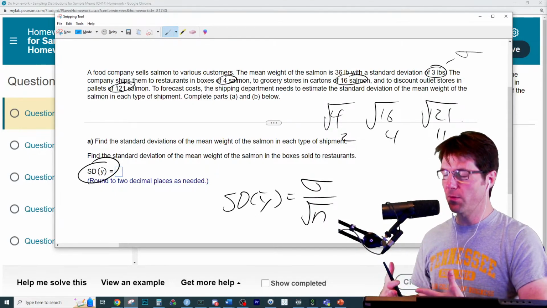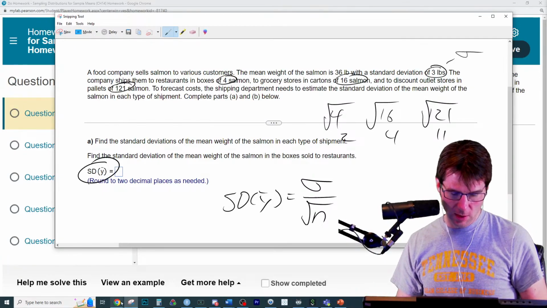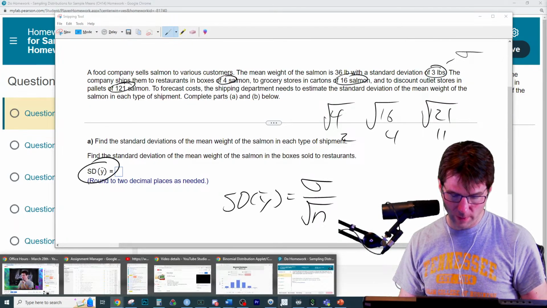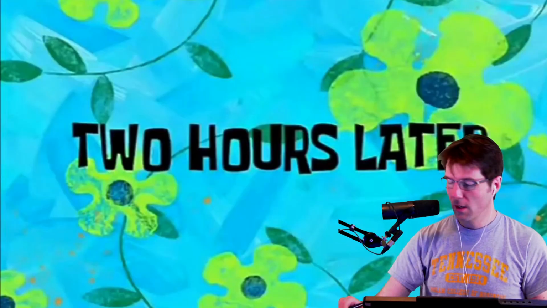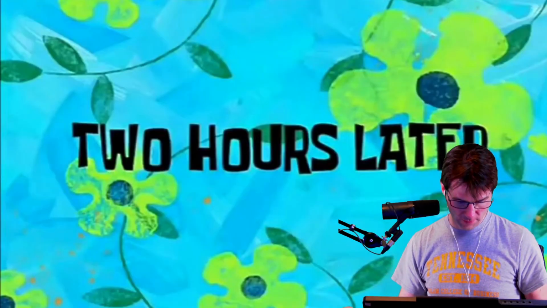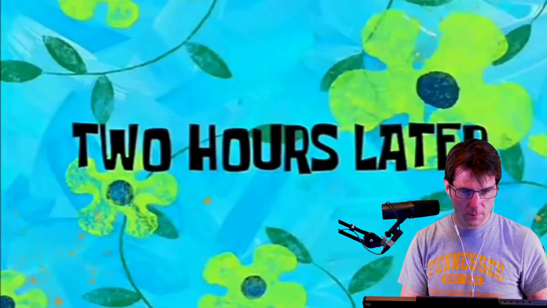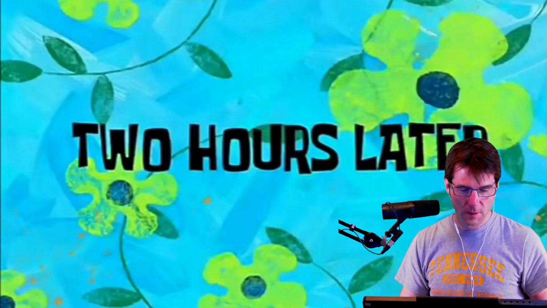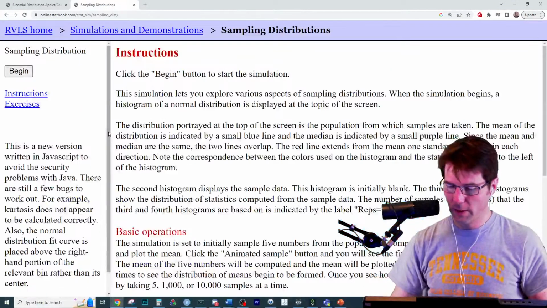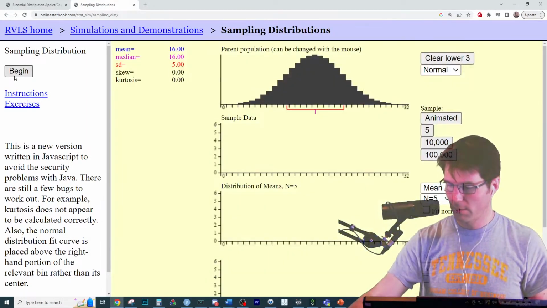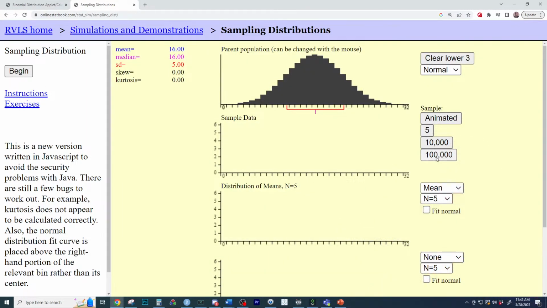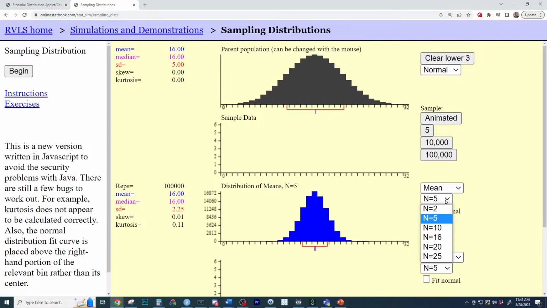This is a big concept for this chapter, that as we increase n, and we'll show it here mathematically, the sampling distribution gets tighter. So if n is 5, the sampling distribution looks like this. If we go to 16, it looks tighter.